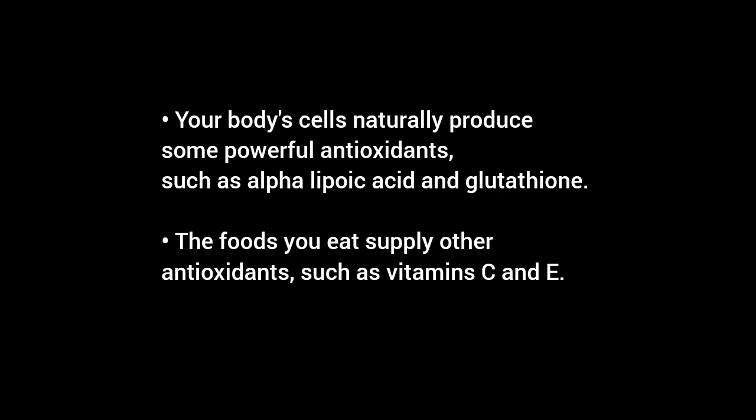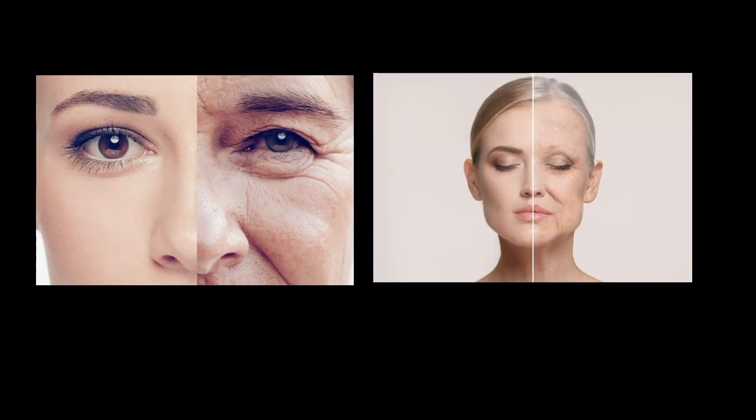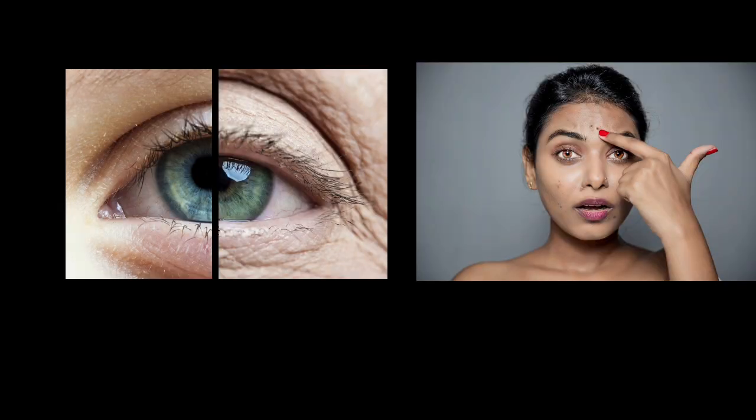And the deficiency of these can cause oxidative stress related diseases like heart diseases, type 2 diabetes, cancer, and so on. And they are very damaging to the skin as well. They can cause fine lines and wrinkles, a dull and uneven skin tone, and increase dark spots and cause sagging of skin. So it contributes greatly to the aging of skin.